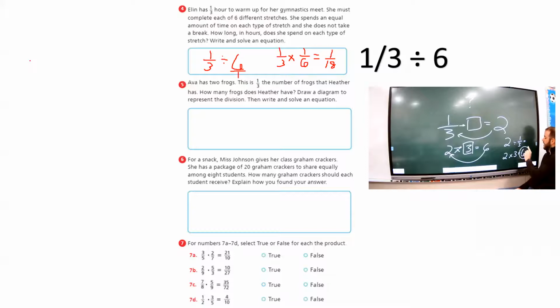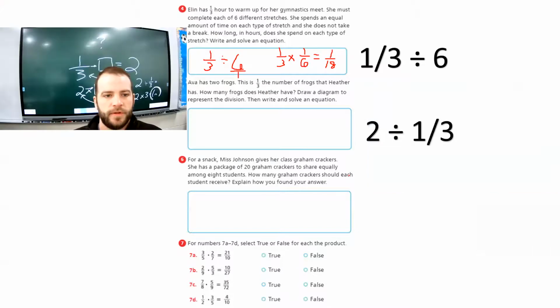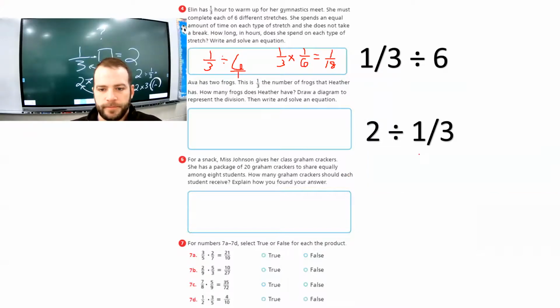How many frogs does she have? She has 6 frogs. 2 divided by 1/3 gets you your answer. Okay? And it's 2 times 3 equals 6. Oops, I gave you the answer for the next one.